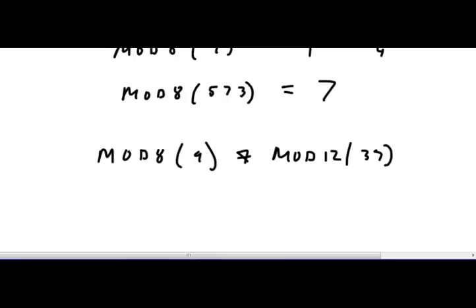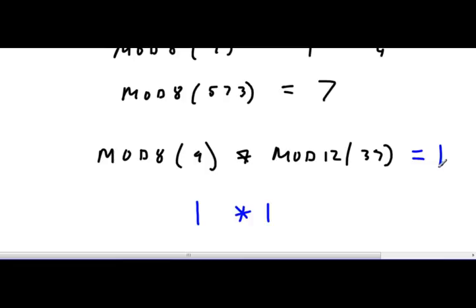That's good. So mod 8 of 9 is a 1, and mod 12 of 37 is a 1. So the answer to the problem is 1. Yeah, because 36 is 3 times 12, and so, yeah, mod 12 of 37.